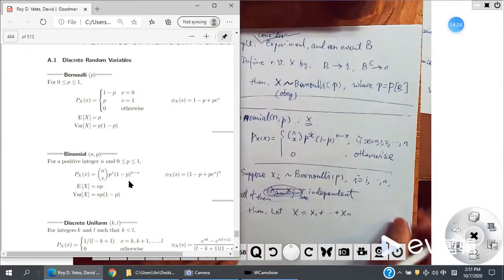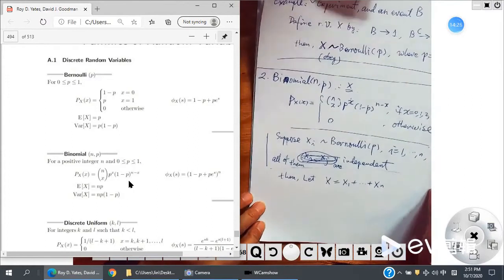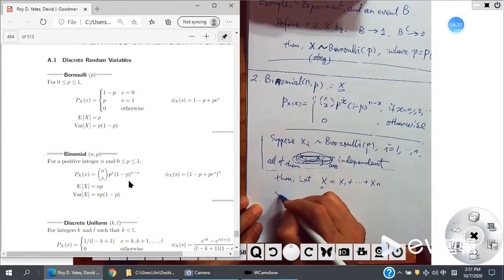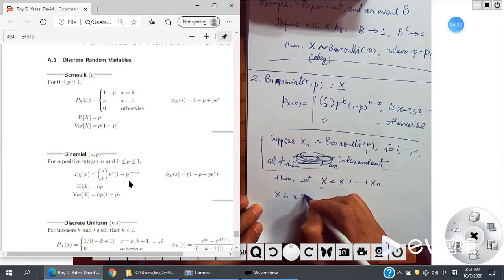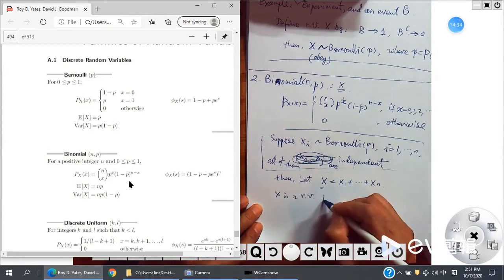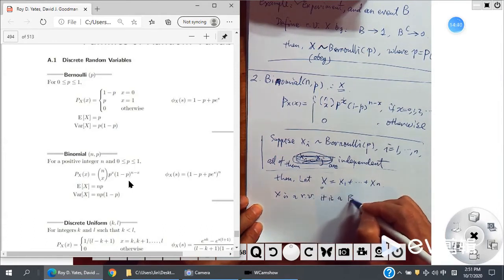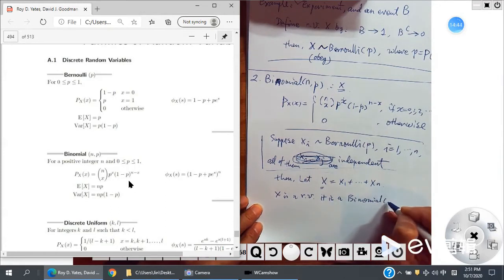We define this, and we have a new random variable. X is a random variable. It is a binomial(n, P) random variable.